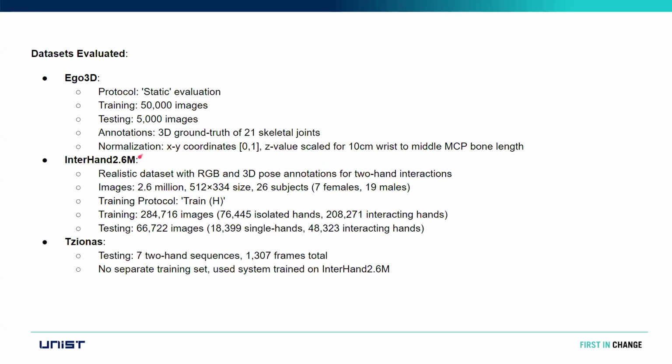Then InterHand2.6M is a realistic dataset with RGB and 3D pose annotation of two-hand interaction. It has many more images than the previous one. For this last one, I'm not sure I'm familiar with this dataset, but they use it only for testing.